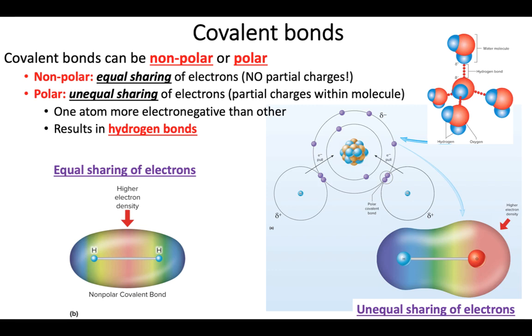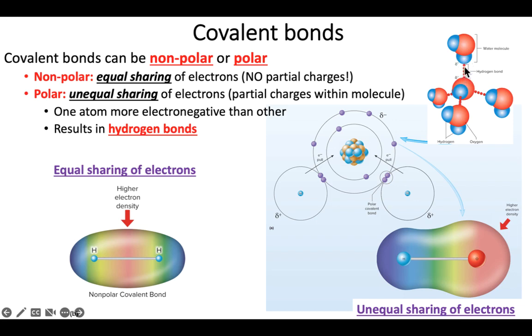This then brings us to what a hydrogen bond is. A hydrogen bond is when you have two polar molecules, such as two water molecules, that get attracted to one another. So notice here's a water molecule. This big red sphere represents oxygen. The two little blue spheres represent hydrogen, which show a partial positive.